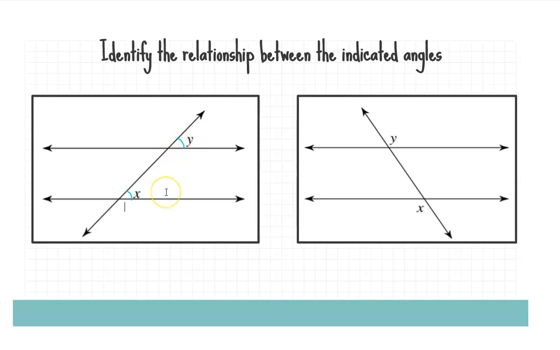So it's not going to be interior or exterior. So therefore, that's going to leave us with corresponding angles. If we notice, both of these angles are in the top right corner of both sections here. So therefore, we are going to identify these as corresponding angles.